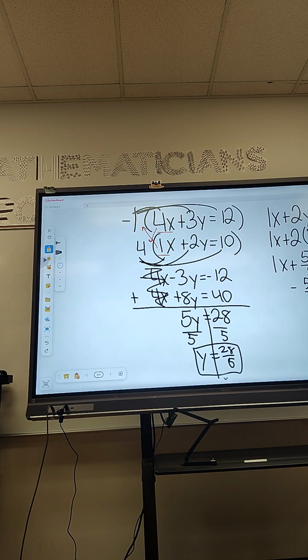Again, you guys will not have fractions, but they work the same. The steps are still the same. 1x equals negative 6 over 5. And we divide by 1, giving me x equals negative 6 over 5. Bing, bang, boom. You found both variables.